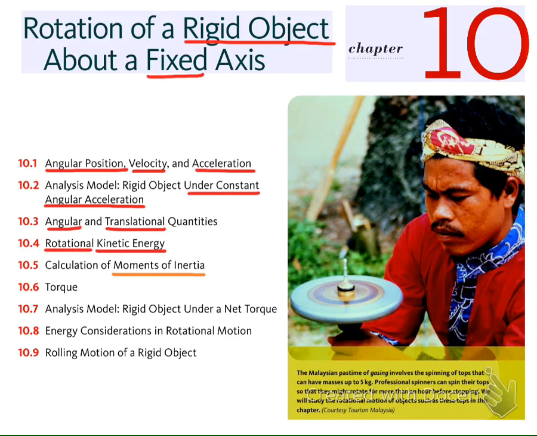For the rotational motion, the cause of the rotation is a torque. This quantity is similar to the force, which is the cause of the linear motion. So we will talk about the definition of the torque and the relation between the torque and the angular quantities in the rotation.